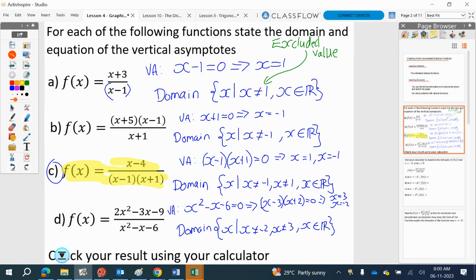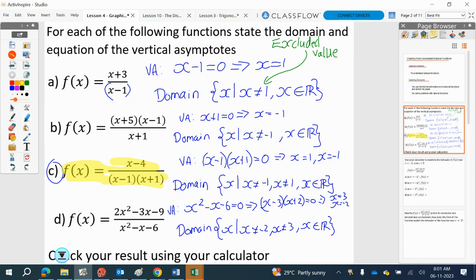No, we have to minimize the graph. Otherwise, do it manually. X minus... But this is wrong. There are two asymptotes for it. No, it's not correct. All right. Yeah, it is correct.